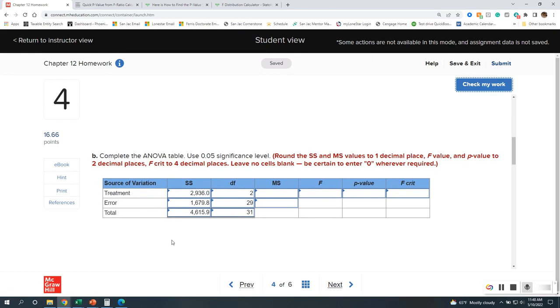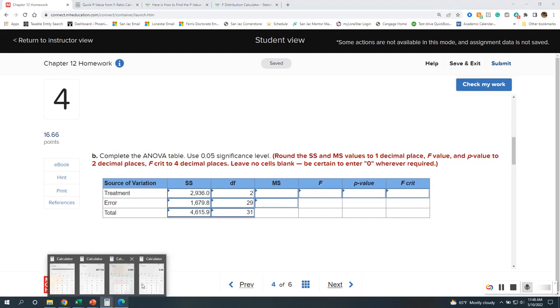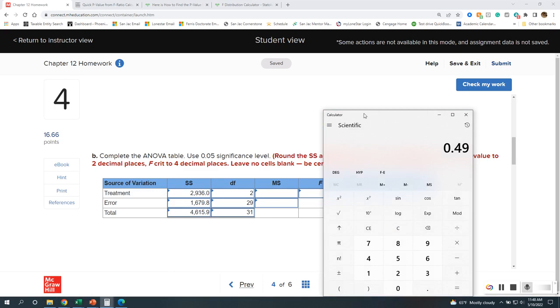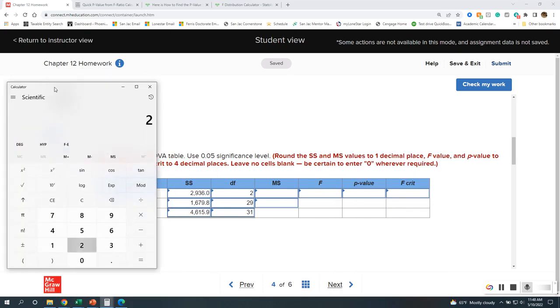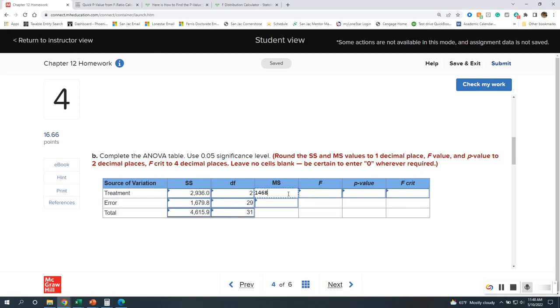Next, our MS, mean squared, basically taking these two SS and degrees of freedom and dividing them. That's really all we're doing. So calculator. Again, 2936 divided by 2 equals 1,468.